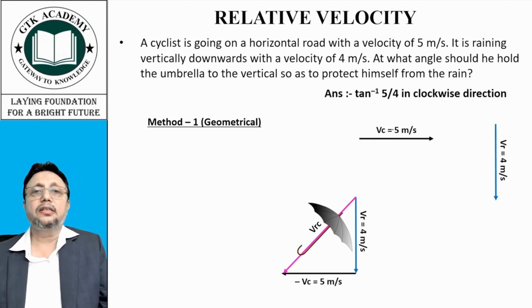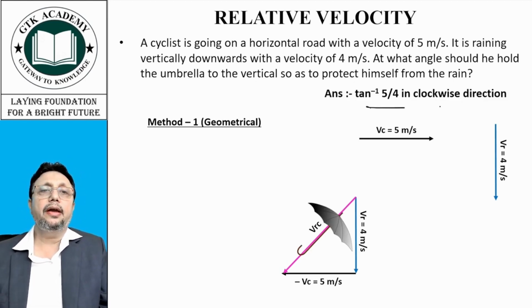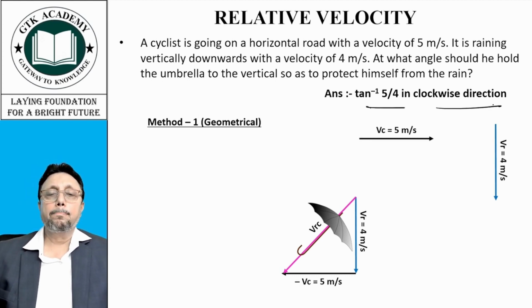And this is the answer, tan inverse 5 by 4 in clockwise direction. This is a pretty simple problem, and we got the answer through geometrical method. Other problems also, if you go by the basics, they are quite easy. In some problems, you have to spend a little more time, but if you know the concept, you can easily solve them.